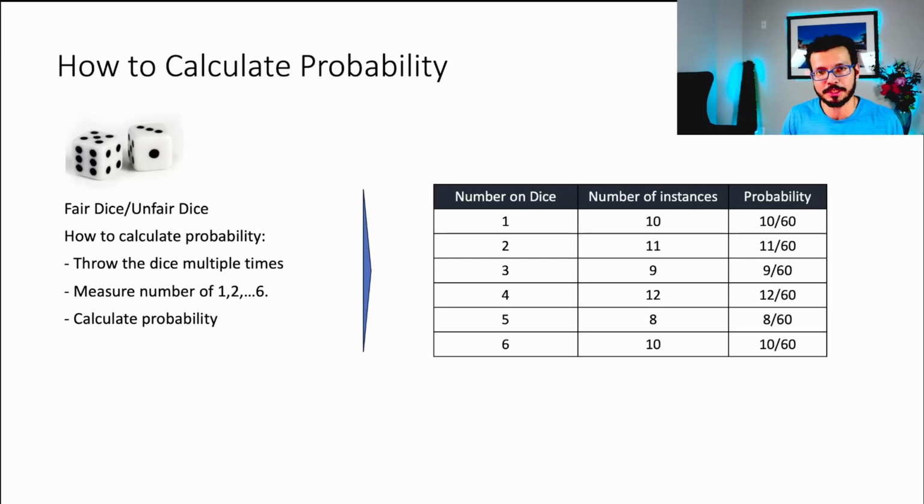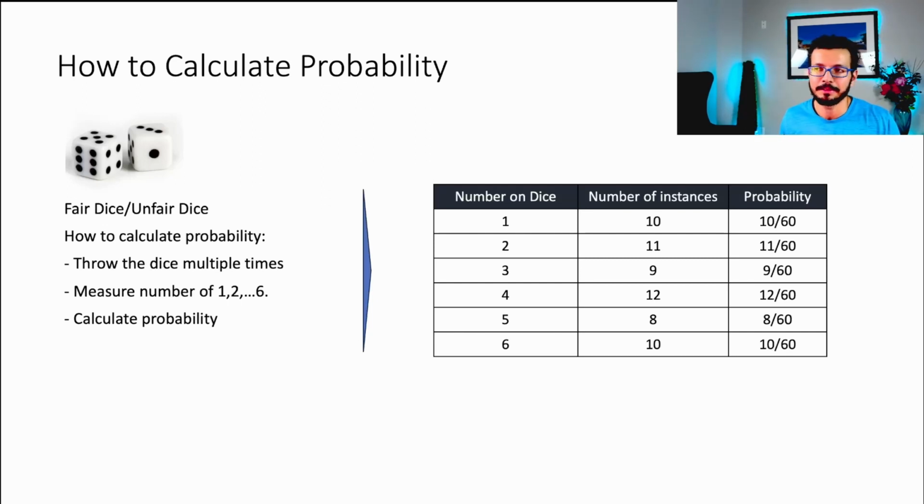As we have just learned, the probability is the total number of instances where that particular event has happened over the total. For instance, if I want to calculate the probability for 1, it will be 10 upon the total number of events, which is 60, because we threw the dice 60 different times. So your observed probability will be 10 upon 60 for 1, 11 upon 60 for 2, and so on.